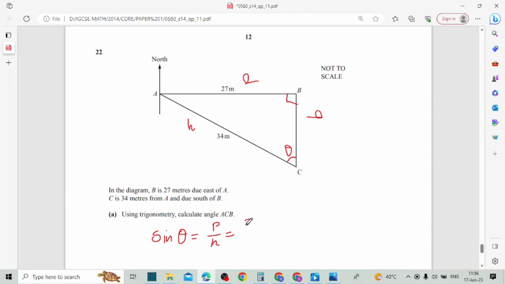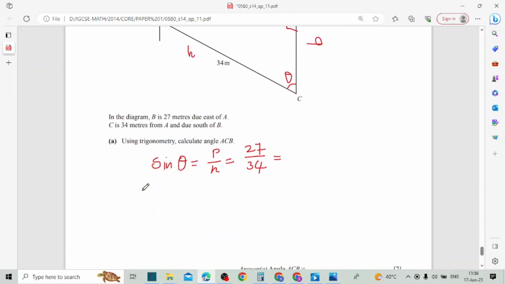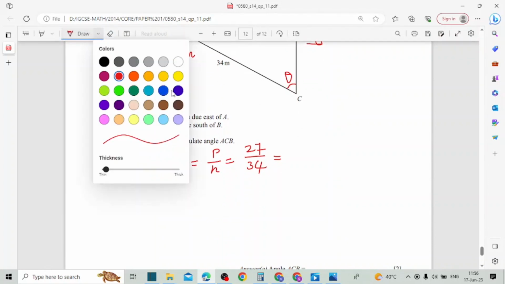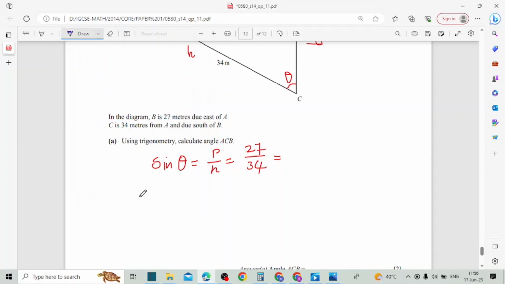That's nothing but 27 over 34. Now, how to get theta's value? Theta is equal to sine inverse of 27 over 34.